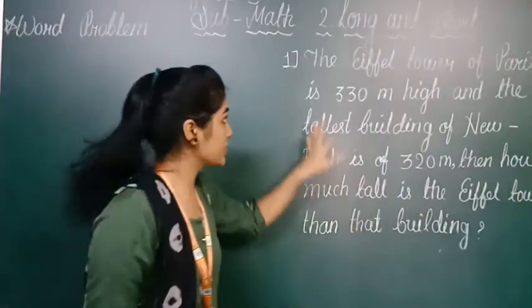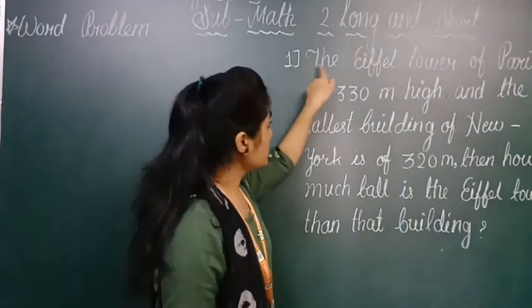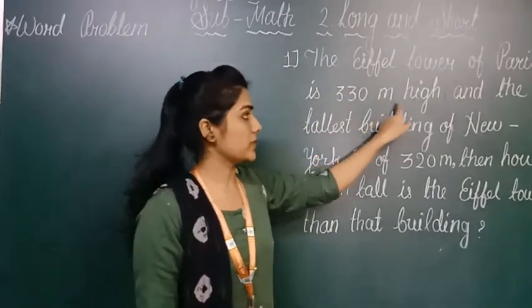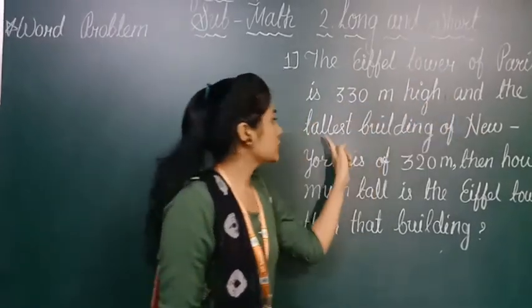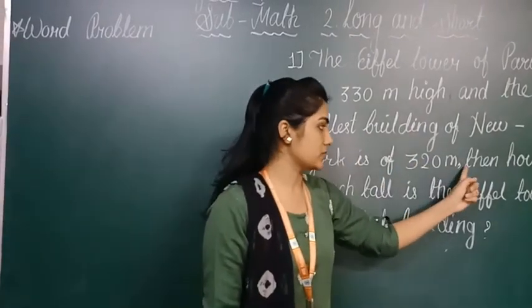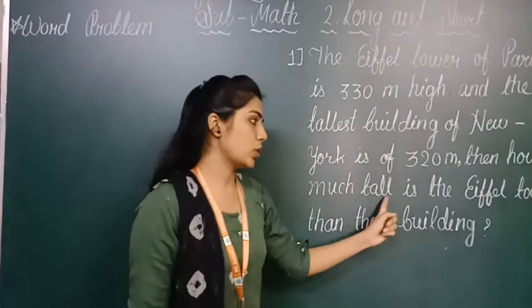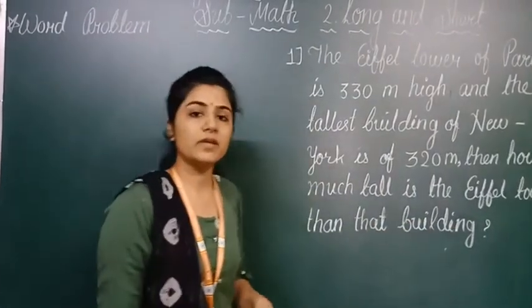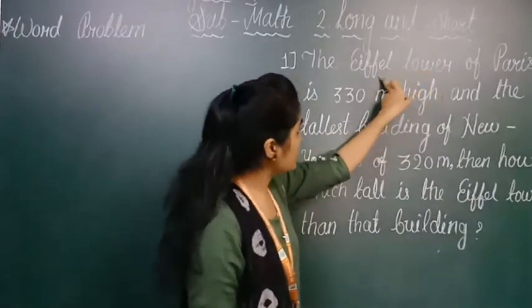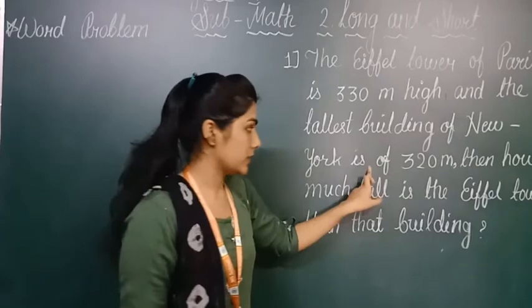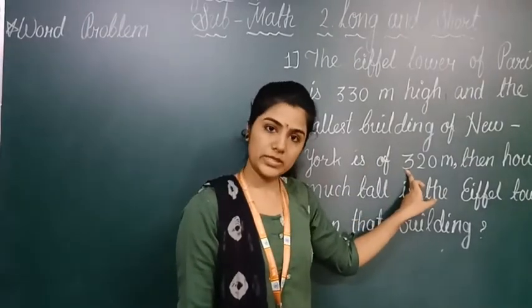So now our question is, number 1, the Eiffel Tower of Paris is 330 meter high and the tallest building of New York is of 320 meter. Then how much tall is the Eiffel Tower than that building? So now we have the length of Eiffel Tower, which is 330 meter, and the New York building, which is 320 meter.